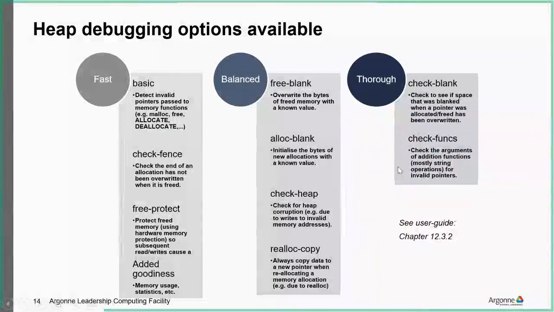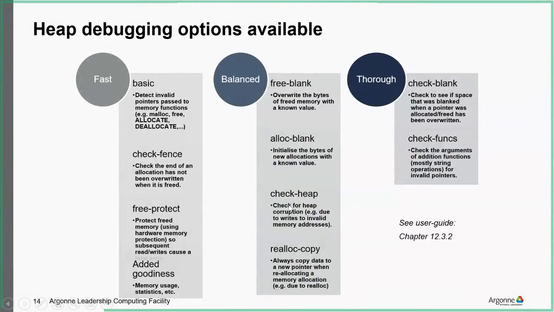You don't have to code up anything; it'll do this for you. But typically, balanced is what you'll want to use. Sometimes, if you use fast, it may not detect a memory issue in your code. And thorough is really your last resort if balanced doesn't capture the memory issue that you're seeing.